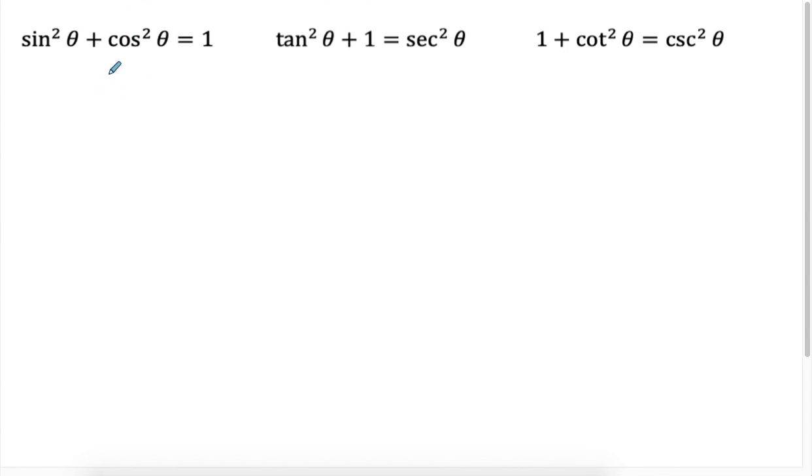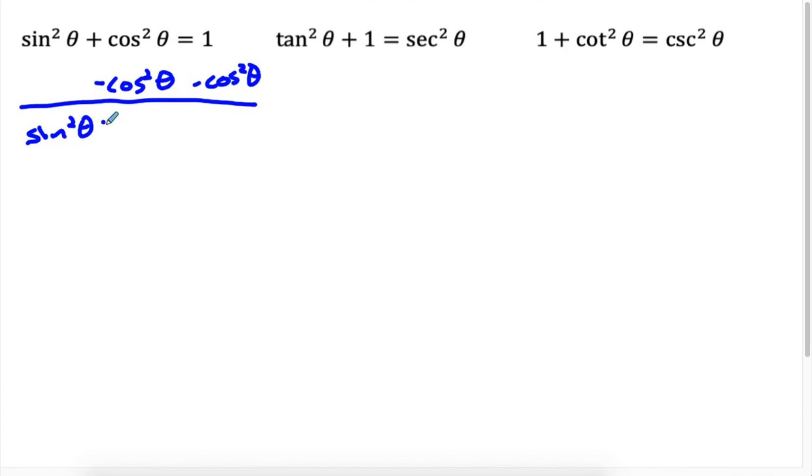Now, what I mean by manipulate them is we can add or subtract any of these pieces to either side of the equation. For example, I could take this first one and subtract cosine squared from both sides. So another form of this identity would be to say sine squared is equal to 1 minus cosine squared.